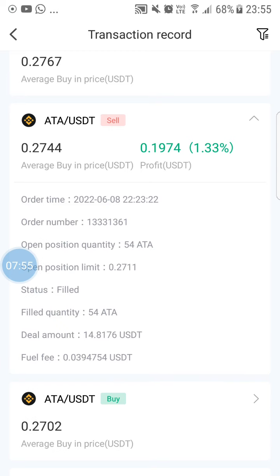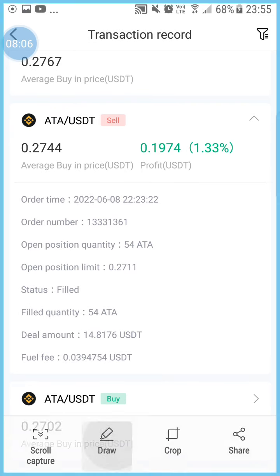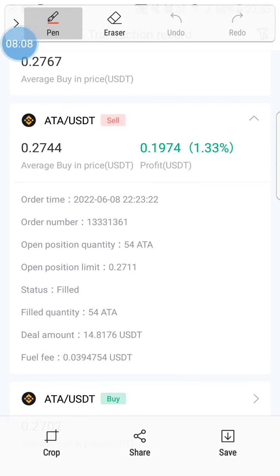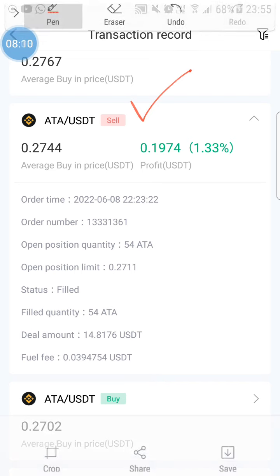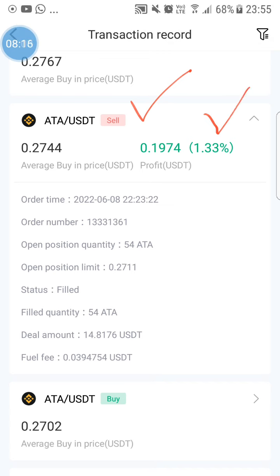I open that sell. You are now able to see, let me quickly take a screenshot of this, that the bot has sold. It only sells in profit. The bot buys low and sells high. So you can see the percentage that it has made, which is this amount in USDT.